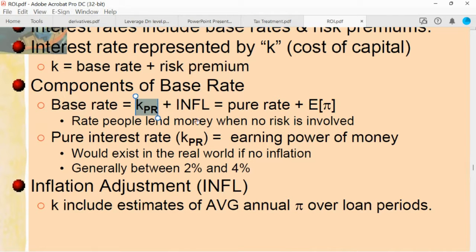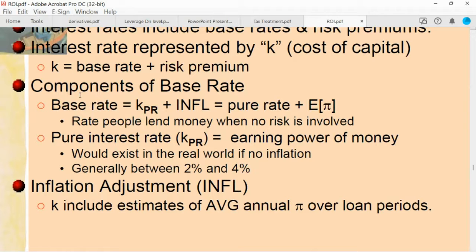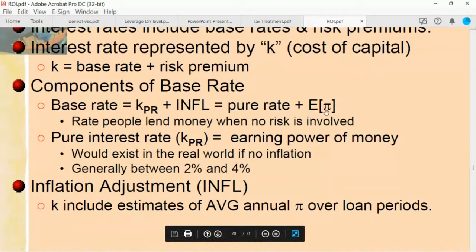So this is basically I, the nominal rate. Base rate is what we have so far called I, the nominal interest rate, because nominal interest rate is the real interest rate, which is the pure rate, plus expected inflation. That means expected inflation.